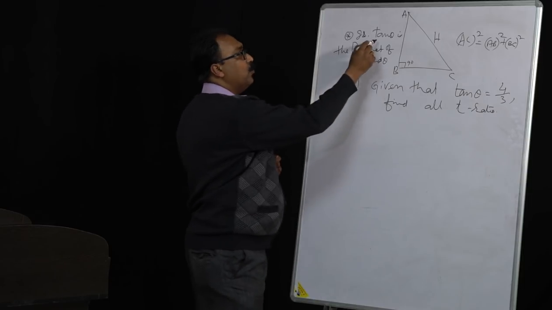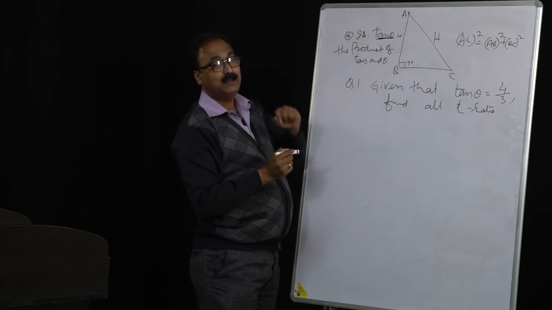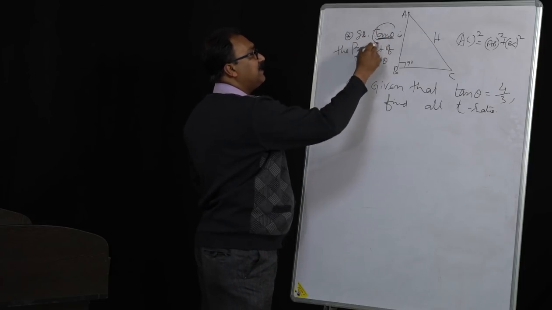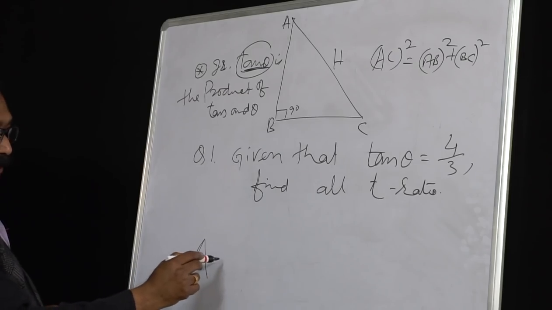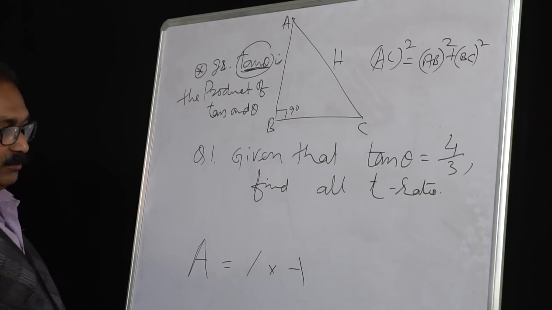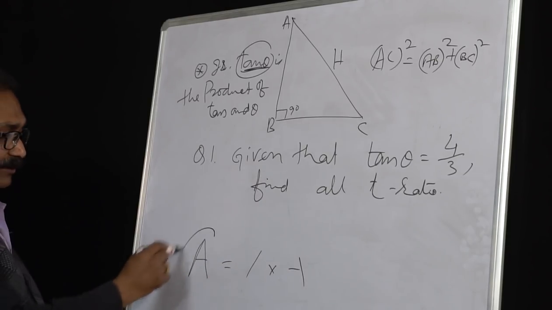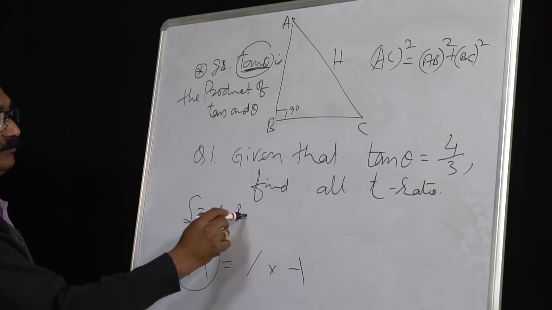The answer will be no. They are not a product. It is just like a single symbol, like the alphabet A. Look here, A. Can you write A is equal to this into this? No, because it is a single symbol.